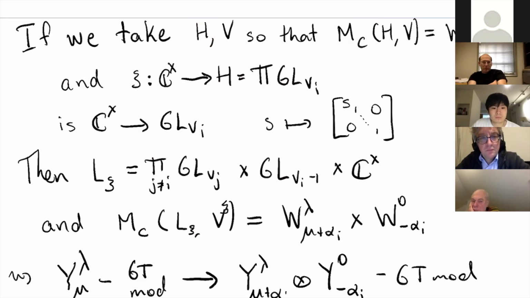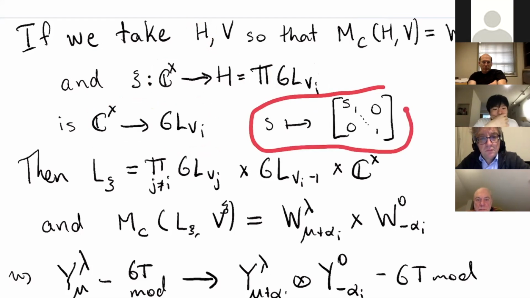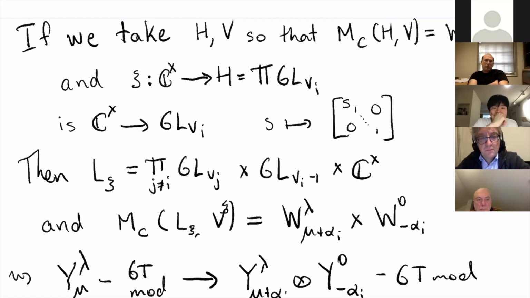And we take the other piece of data, a map from C star into this group H. What is it? Well, I'm going to pick one of the vertices of my Dynkin diagram, i, and consider the map of C star into GL V_i, just the simplest thing you can imagine, just put this guy in the top left corner of the matrix. So its centralizer is easy to see.